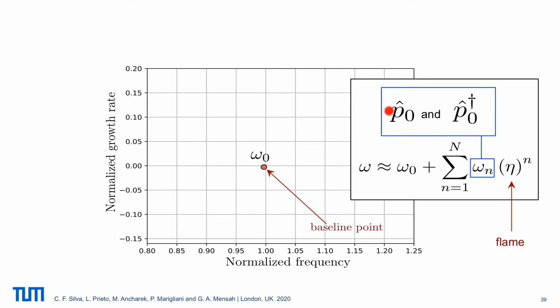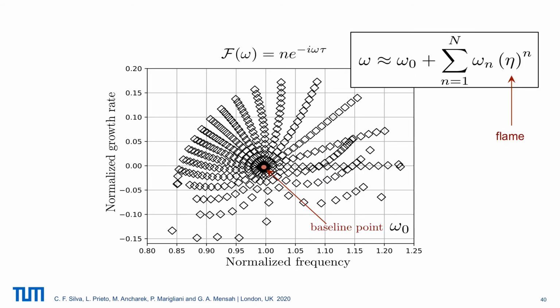Remember that these quantities are obtained from the case without flame, so basically they are the acoustic modes of the combustion chamber. And subsequently, we just introduce here in this power series the flame response. This is a complex number, remember. And we can obtain this kind of parametric map.